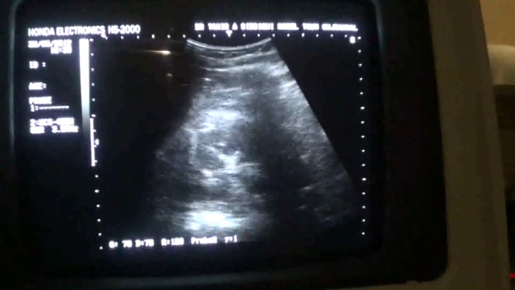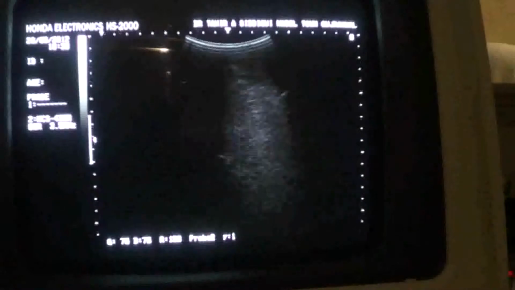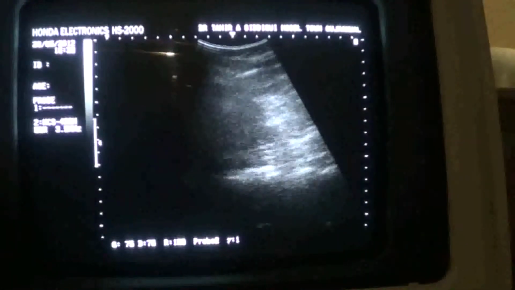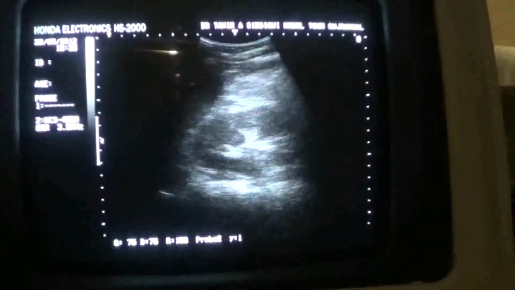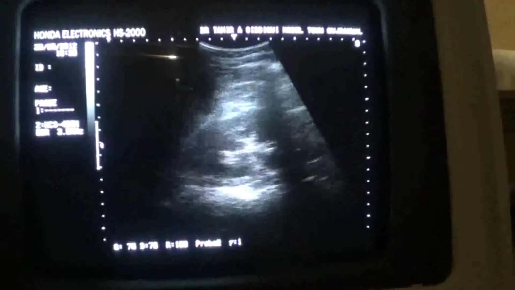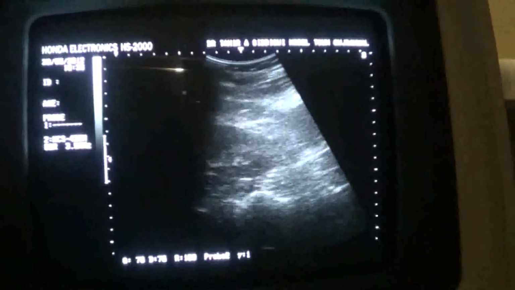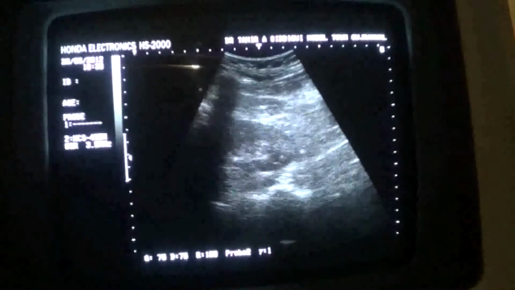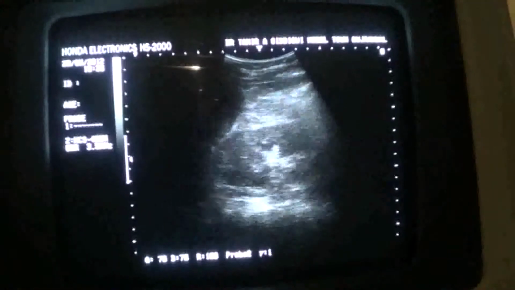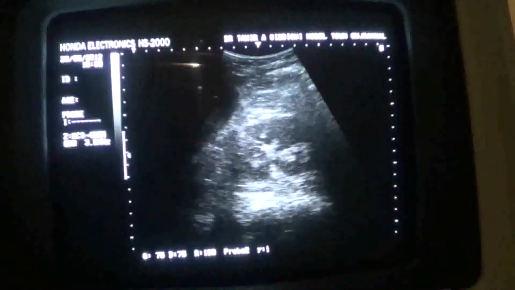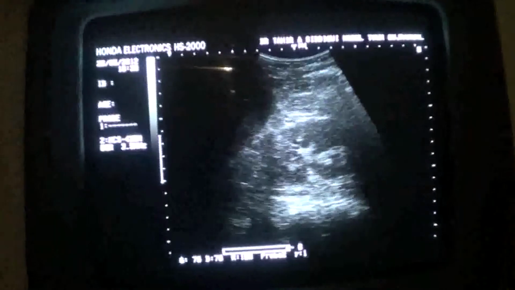The left kidney. The upper pole of this left kidney is normal, and here the lower pole is also normal. Capsule is intact, and there is no evidence of any breach or any rupture.